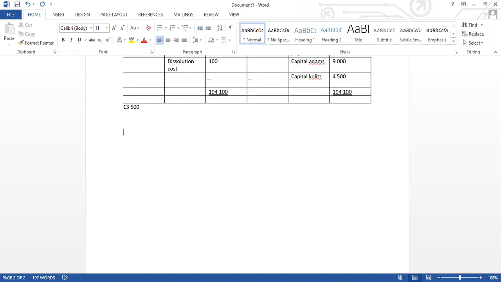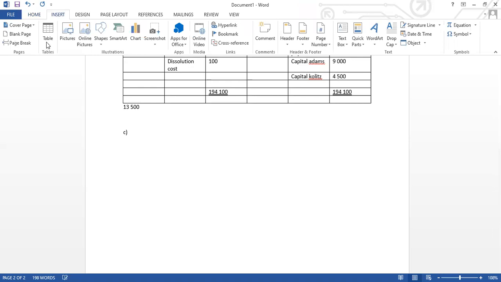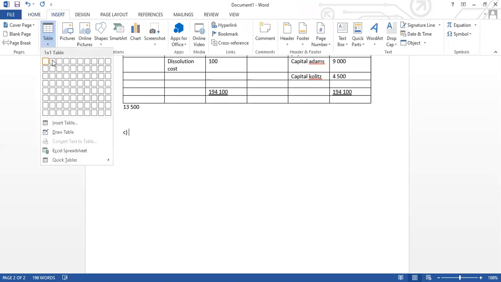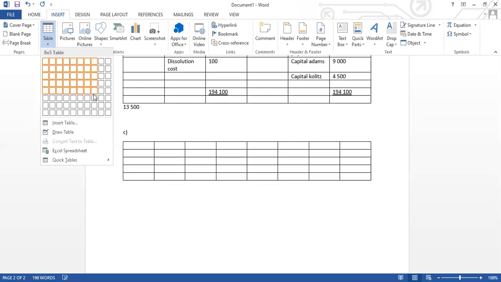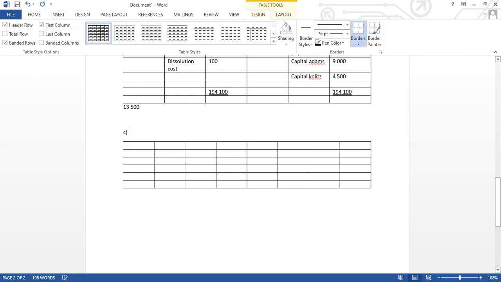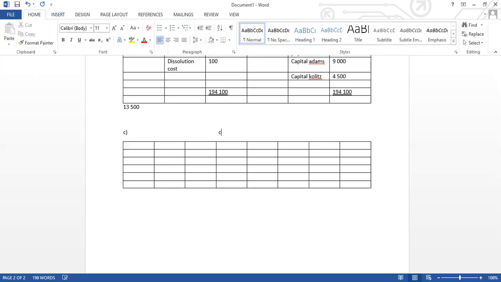Capital account is C. So it's date, amount, two partners, date, amount, two partners. So the 8 columns in total. This is the capital account.